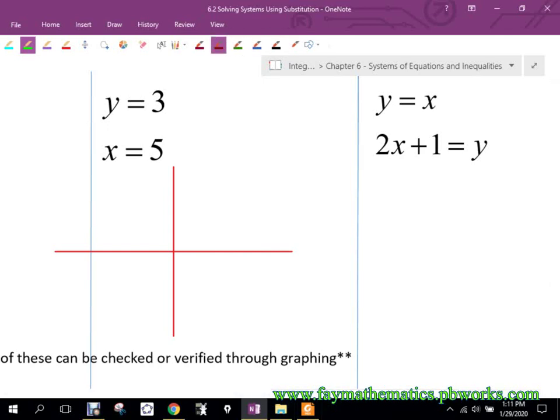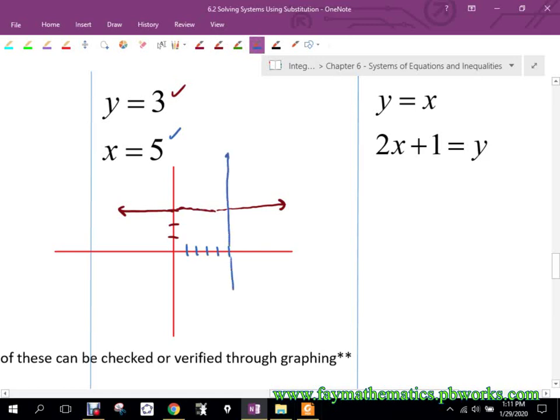If I do y equals 3, doesn't that mean that the y value is always 3, right? So it's that line right there. Okay? Doesn't this one, if x equals 5, mean that line? Okay? So this point right there is the point we're looking for.